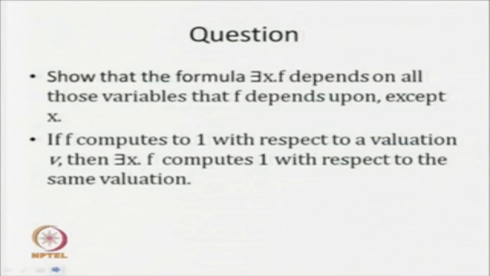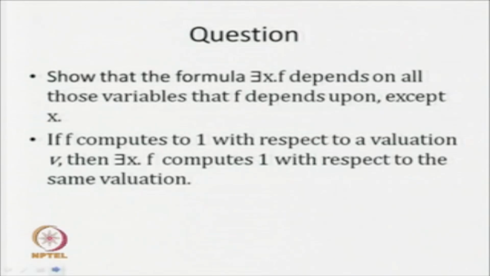Now, just have a quick look on this particular problem or question. The formula there exists x f depends on all those variables that f depends upon except x. So, we have a function f, it depends on some variables, say x1 to xn, or say some variables x, y, z, like that. Now, there exists x f. What does it mean?